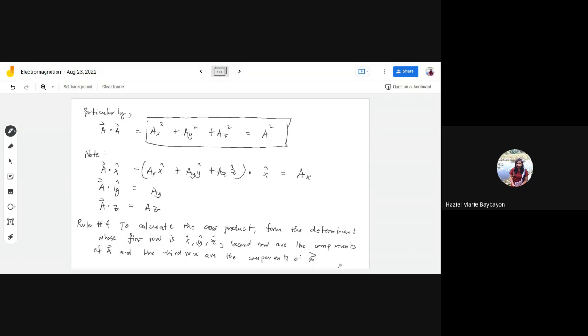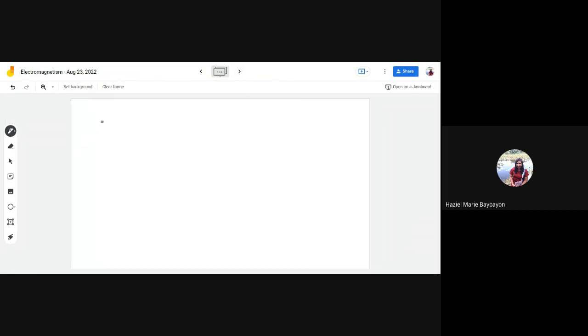Okay, so meaning to say, when we get the cross product of A and B, we have A cross B, this is equal to the determinant of the matrix, wherein the first row is the unit vectors x hat, y hat, and z hat.